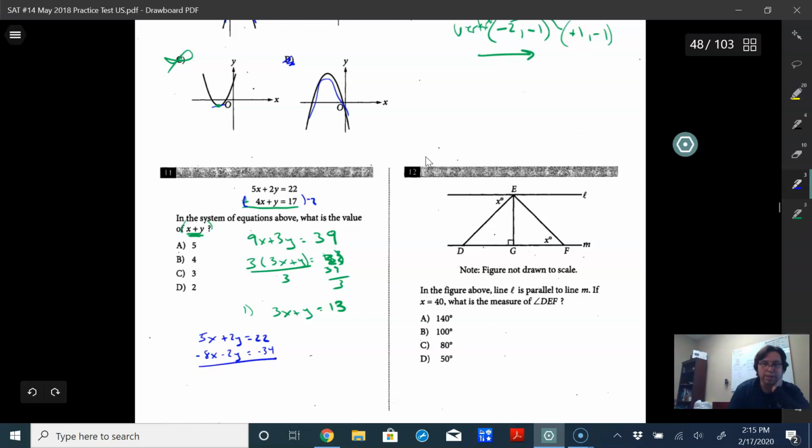So from that, I now get -3x equals, what, -12? Yeah, so -12, that's the difference between those two. And so divide by -3, divide by -3, so we get x equals 4.